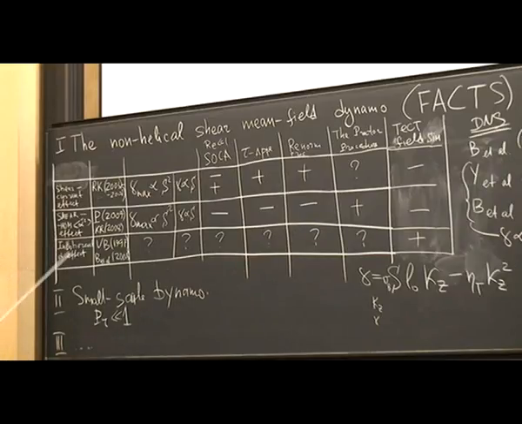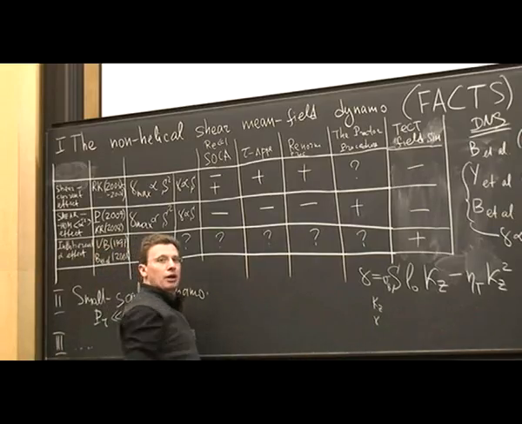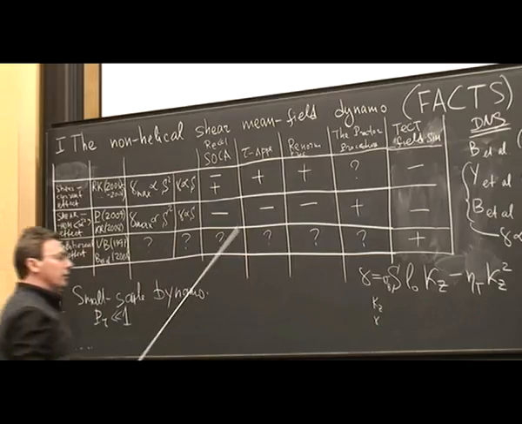I separated these two effects because I see them as different effects. Now, these are references. Concerning the shear-current effect, this is the growth rate of the large-scale magnetic field.